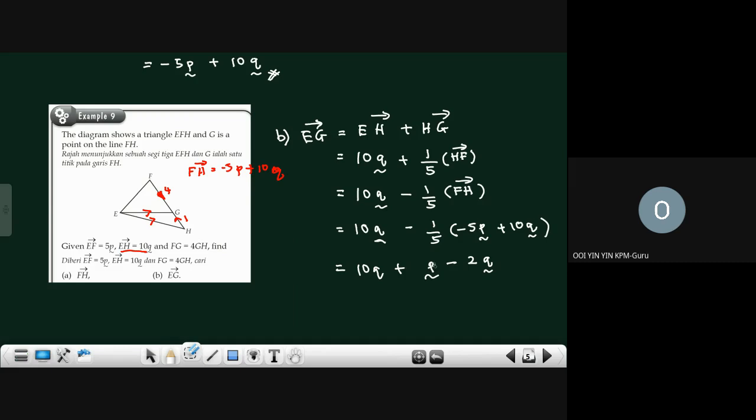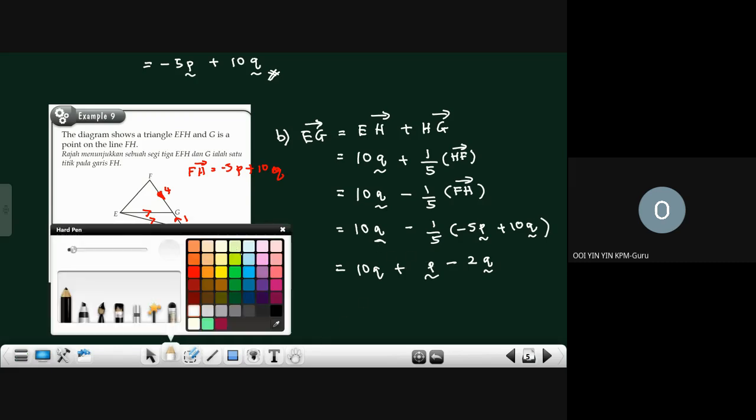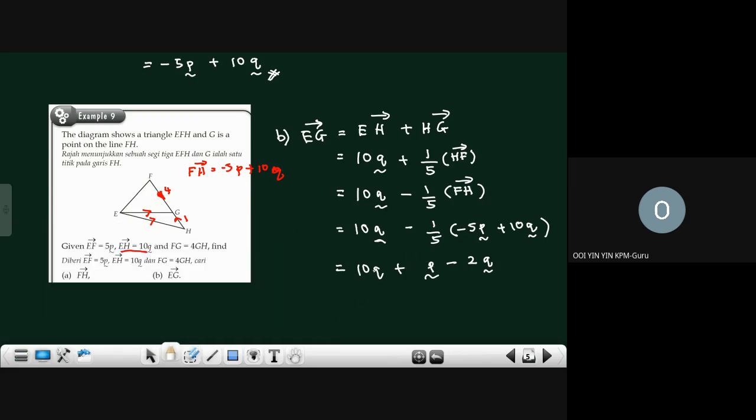This one you get p only. I'm sorry, that's my mistake. Then 10q minus 2q, you will get 8q. So your overall answer is 1p plus 8q. That will be your final answer.